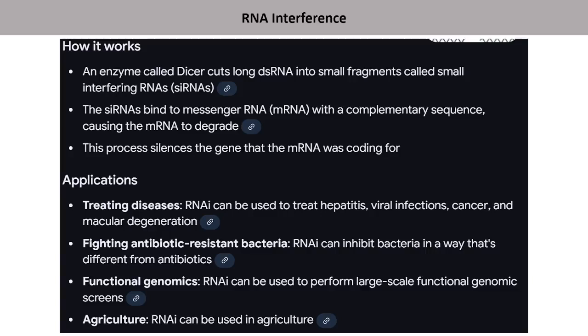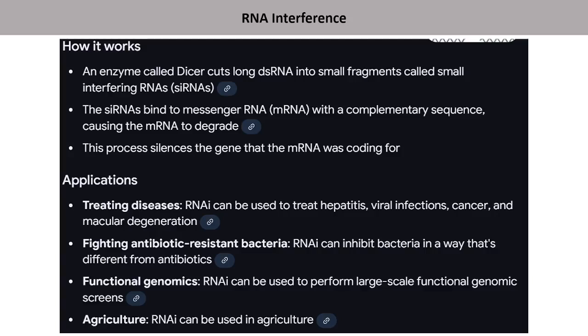That double-stranded RNA will get divided into single-stranded small RNAs, and the fragment of that small RNA which is complementary to the mRNA will get bound to the mRNA. Once that small interfering RNA gets bound to the mRNA sequence, it will cause the degradation of that mRNA. And once that mRNA is degraded, it will not get translated into the protein.